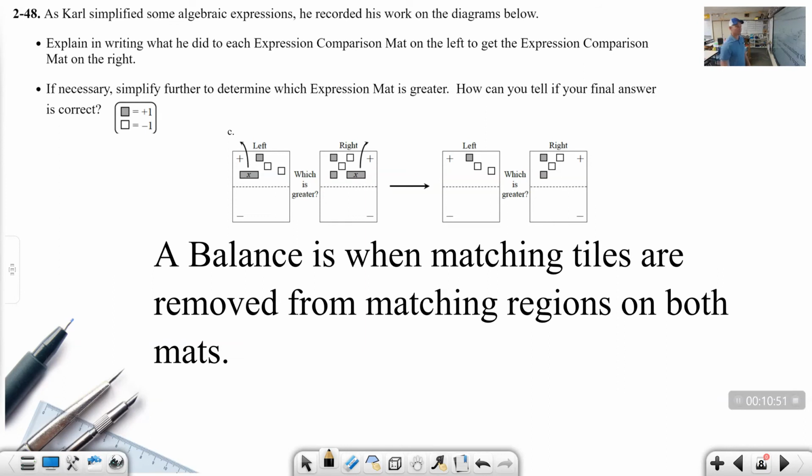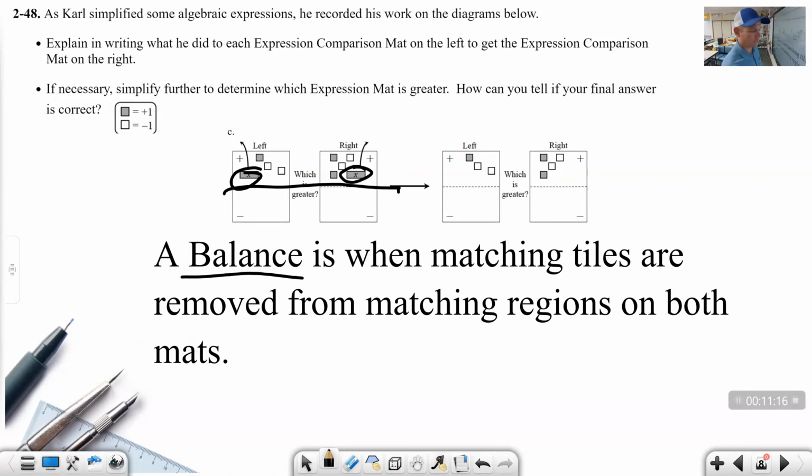This legal move is called a balance. A balance is when matching tiles are removed from matching regions on both mats. Matching tiles, matching regions, and you take them off. Pause and record.